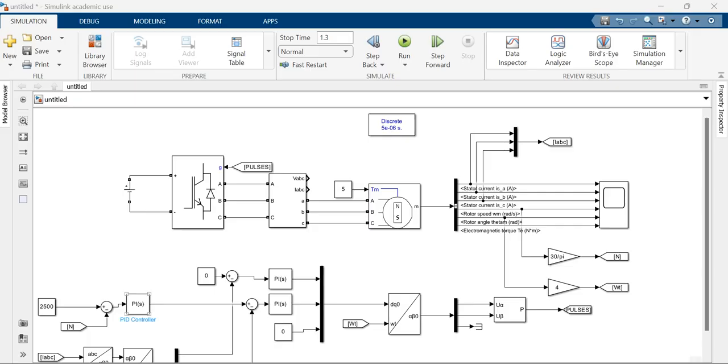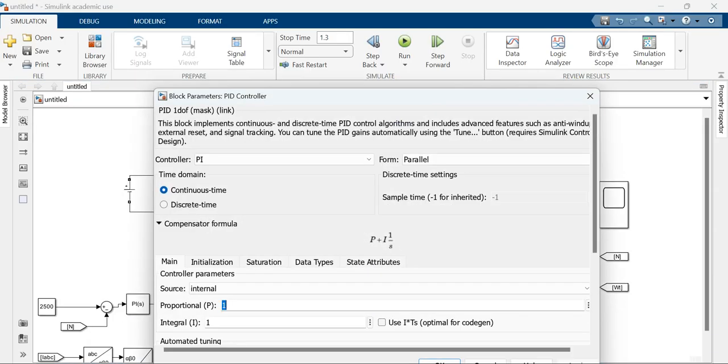Now let me give the PI controller values. This is speed PI controller. I double click. Speed PI controller is supposed to be 0.0059, and this is supposed to be 0.0946.